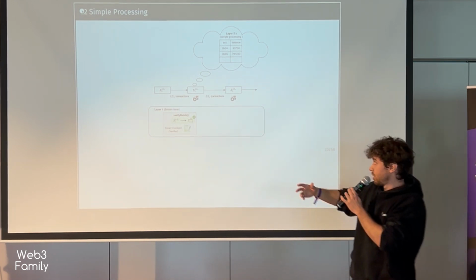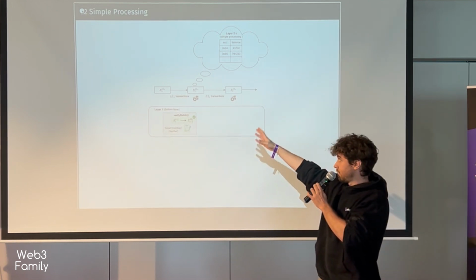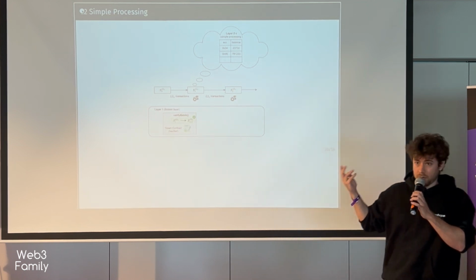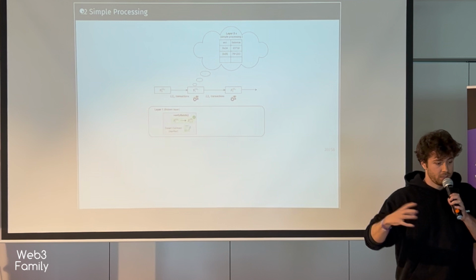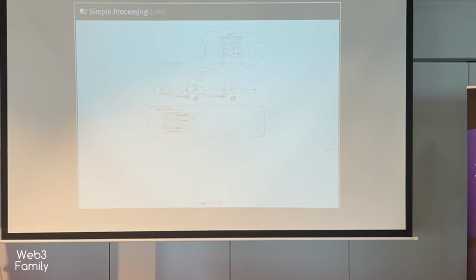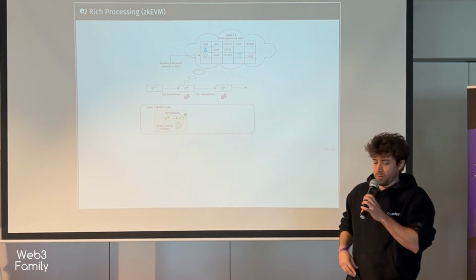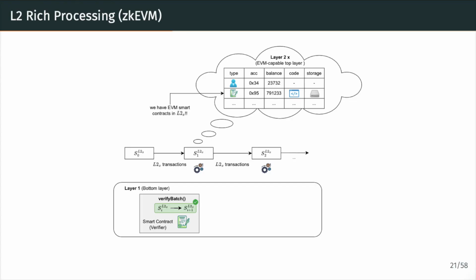It's very simple because in the Merkle tree I only have to store the balance and the nonce of the accounts and the state transition. Actually, most of these solutions are deprecated, and all the companies have been moving to rich processing. The rich processing, of course, can do the same as the simple processing, but it can also execute code, like Ethereum.